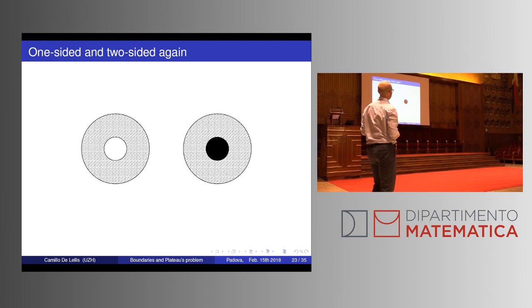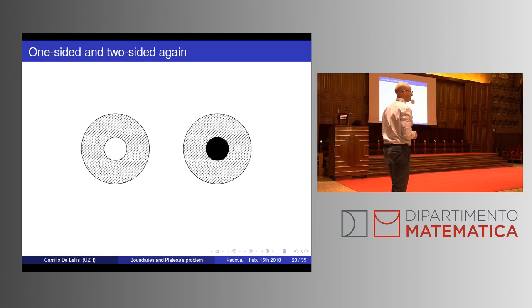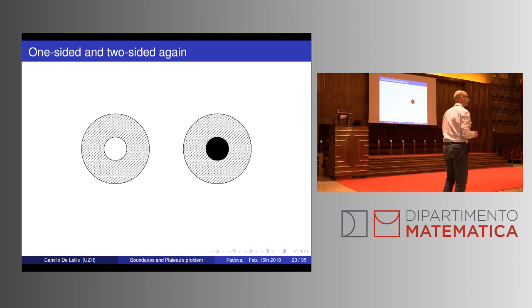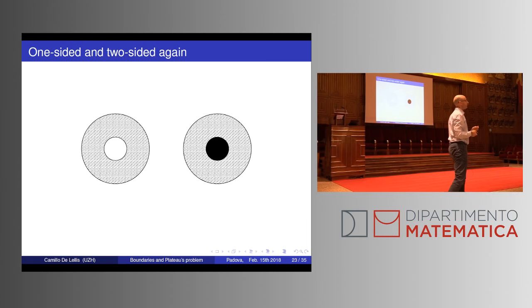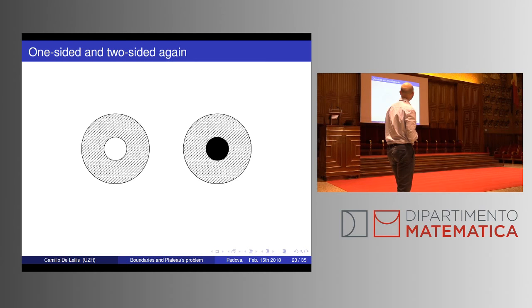Okay, now remember the following, because this is going to be very relevant for the next 10 minutes. In this business, boundary points might be two-sided and might be one-sided. And what happens is that the two-sided situation is what is creating a lot of problems.